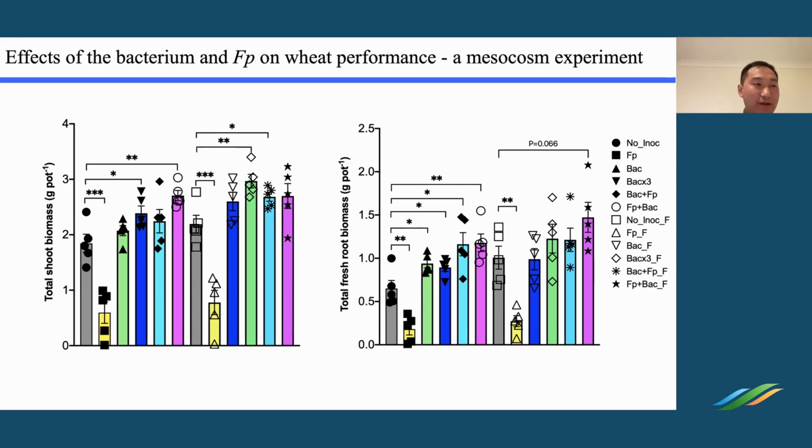We have examined several key points. The two graphs show the biomass production of the wheat shoot on the left, and the biomass production of the wheat root on the right, in a microcosm experiment.